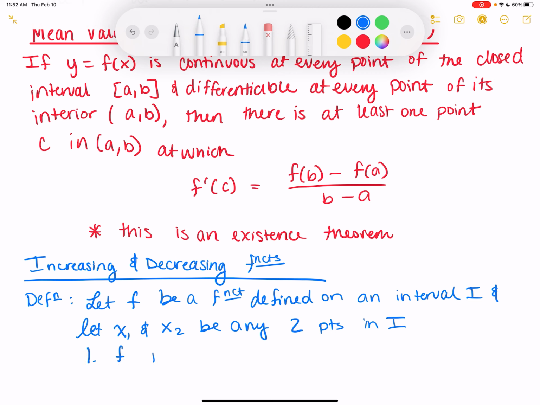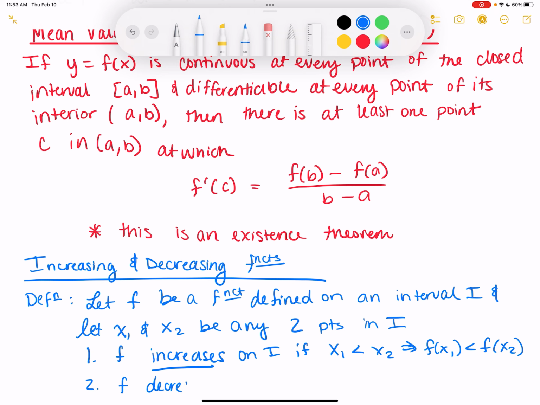F increases on I if x1 is less than x2, which would imply then that f of x1 is less than f of x2. Or the other option, f decreases on I if x1 is less than x2 implies that f of x1 is greater than f of x2.